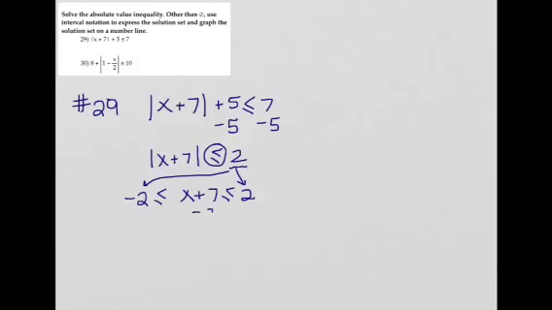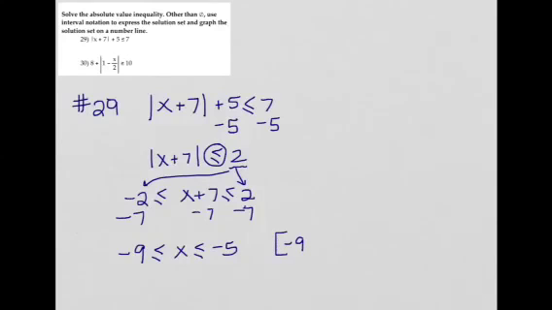And now I solve by subtracting 7 from each side, and we get negative 9 is less than or equal to x, which is less than or equal to negative 5. So we want to write this in interval notation.